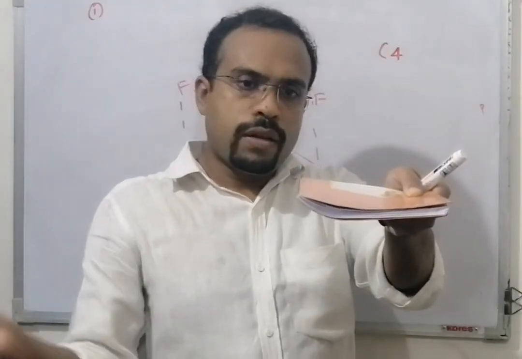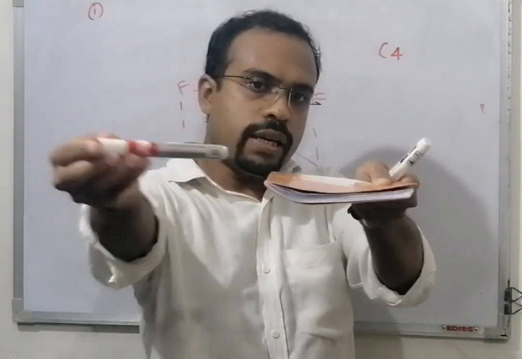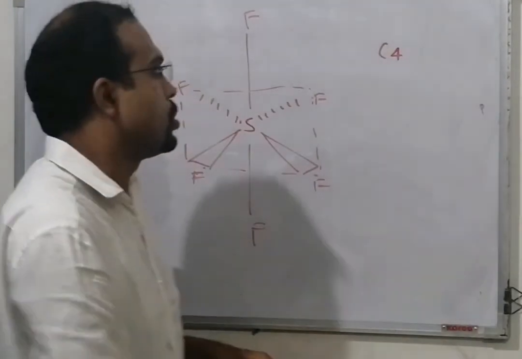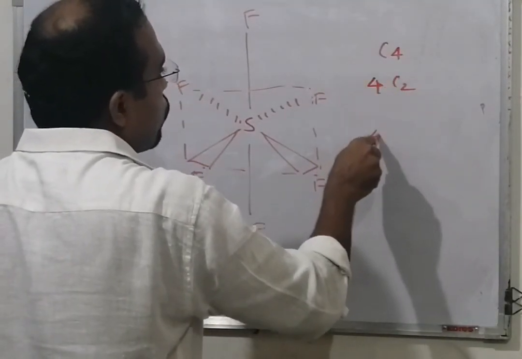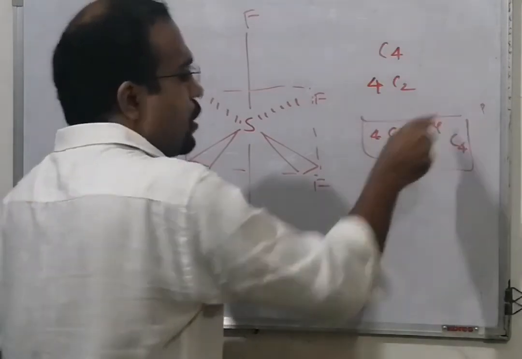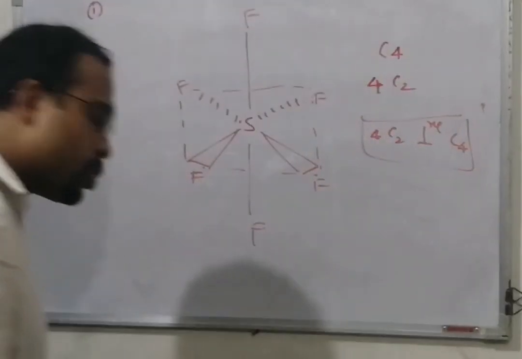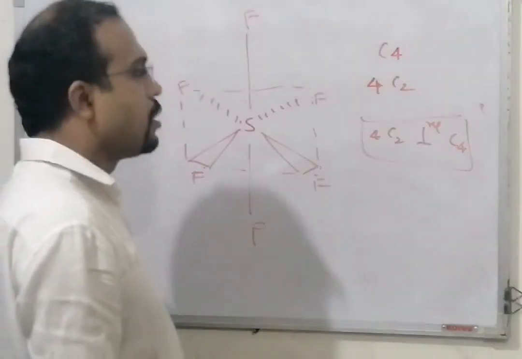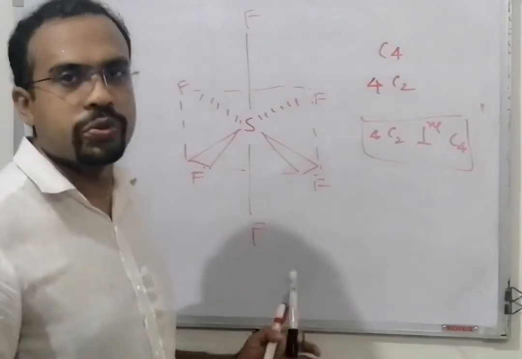Therefore, it has 4 C2, and 4 C2 are perpendicular to C4. Therefore, you have a molecule like that, Cn and C2s which are perpendicular to each other. And another one is it has Cn, no C2.